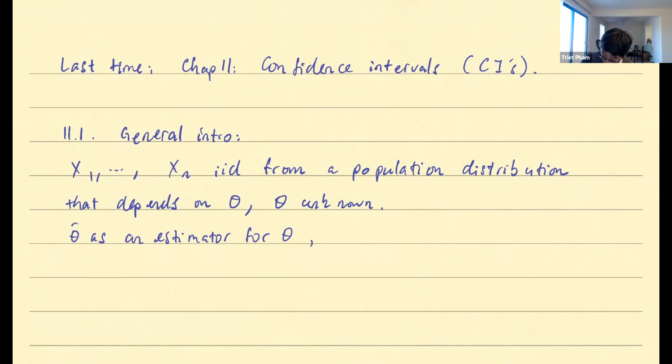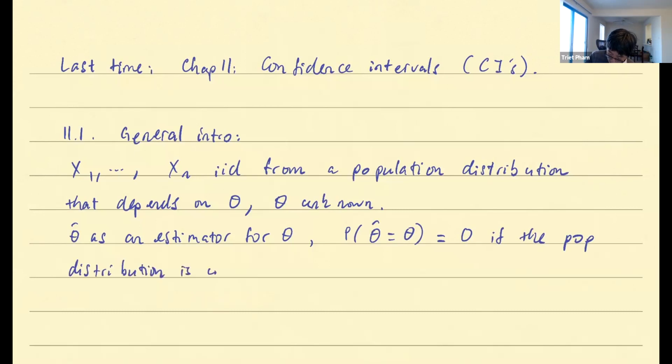you may say that it gives no room for error because the probability that theta hat exactly equals theta is equal to 0. Okay. Let's say if the population distribution is continuous. Even if it's discrete, the probability that your theta hat is exactly equal to the true value theta is really small.